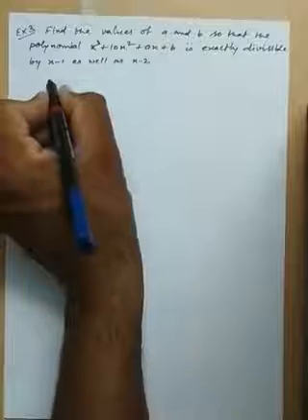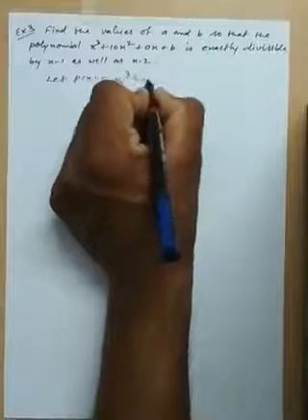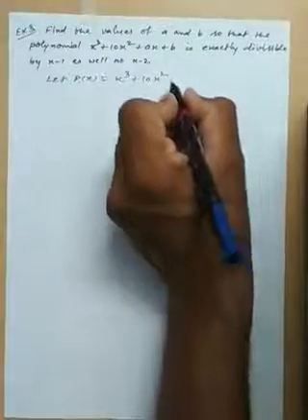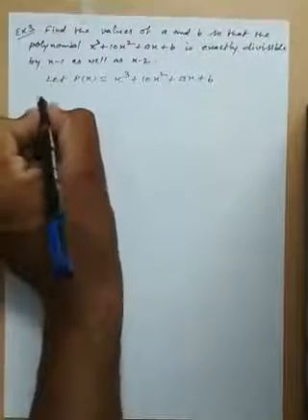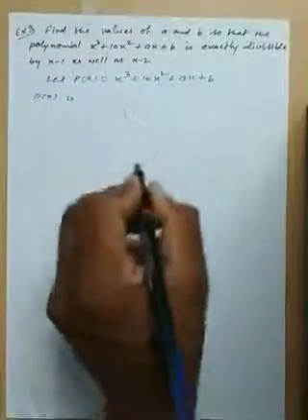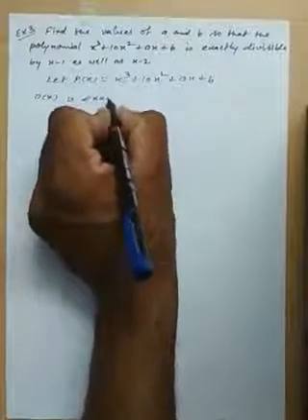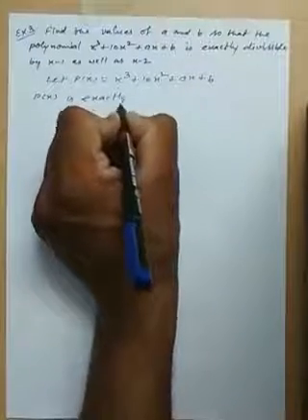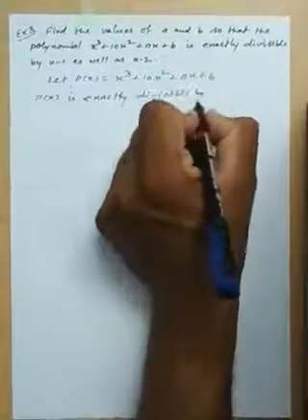So first of all, let px equal to x cube plus 10x square plus ax plus b, and px is exactly divisible by x minus 1.